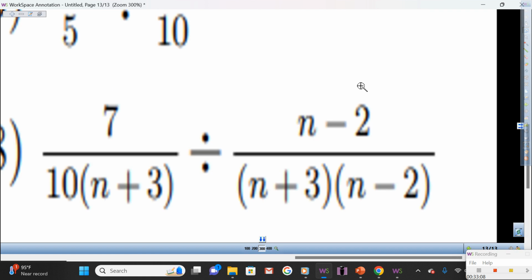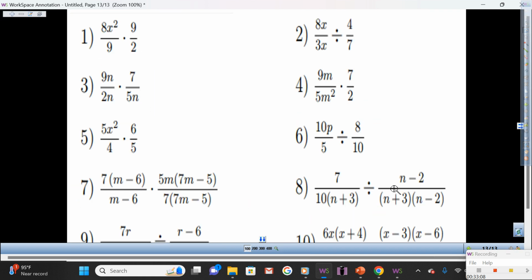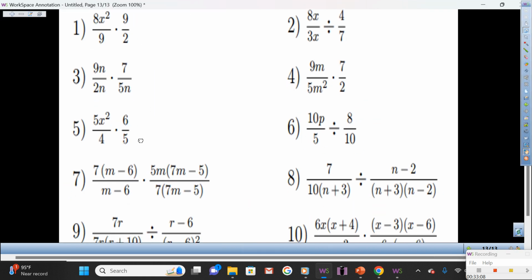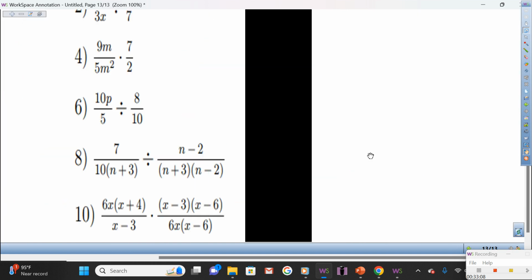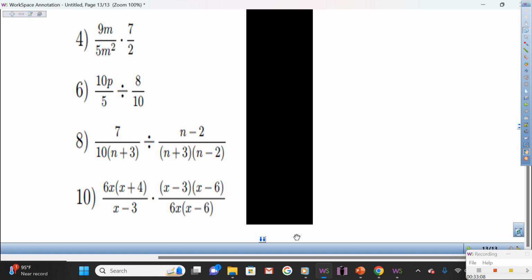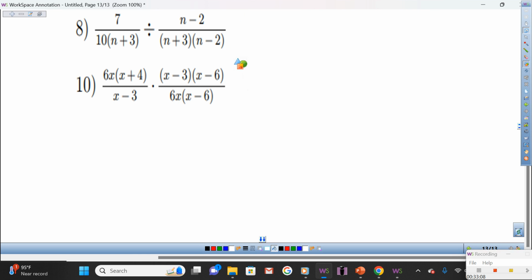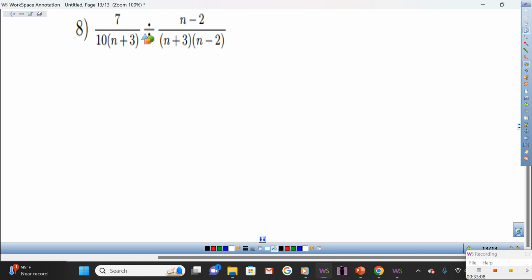So let me zoom out, and let me move this over. All right. Tell your neighbor, what's the first thing we do with division? Make sure they got the process.